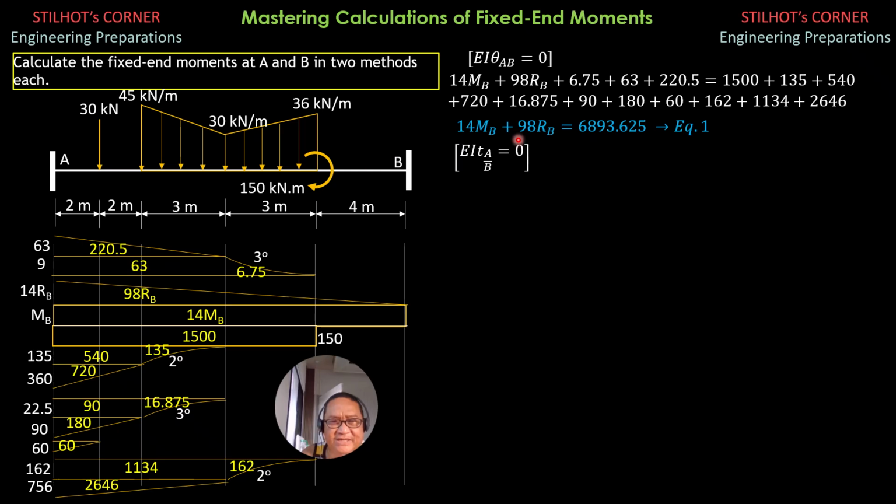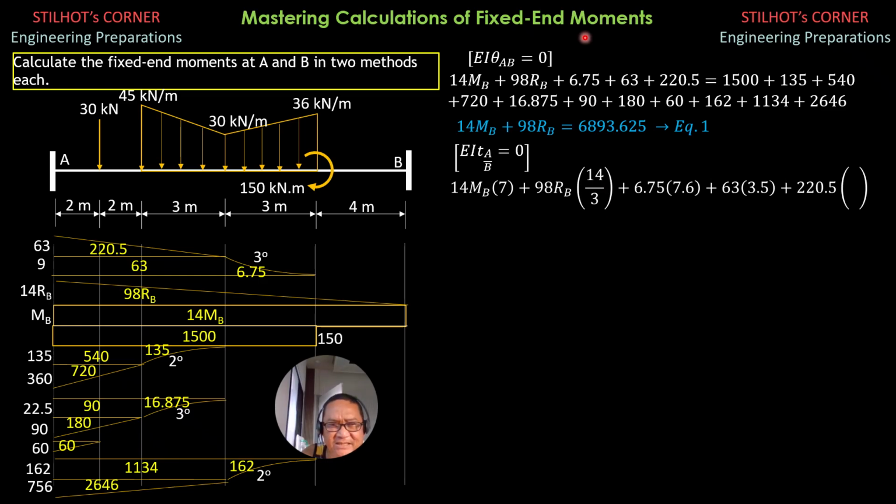So these areas will just be provided with moment arms, and since the moment center is A, the distances are of the centroids of these areas from A. So 14 MB times 7, for instance, then plus 98 RB times 14 over 3, then plus 6.75, the distance of the centroid of this third degree curve from the left is 3 meters divided by degree plus 2.